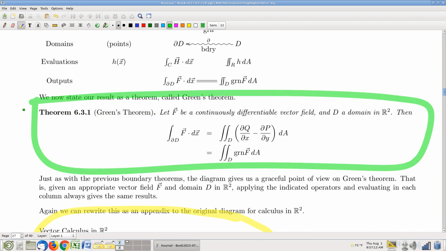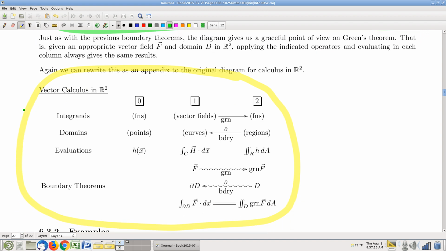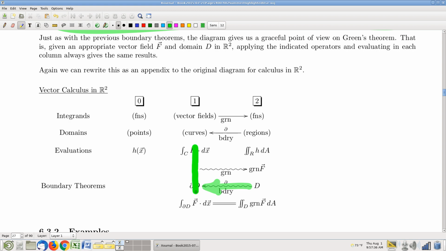There's the theorem, and here's how it looks on the diagram. The pattern is identical. If you have a two-dimensional region in R2 and you look at its boundary curve, and then if you look at a line integral of a vector field over that boundary curve, right, that does add up as a double integral over the original interior.